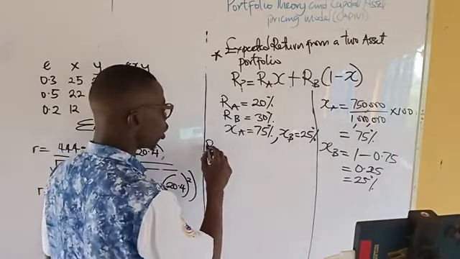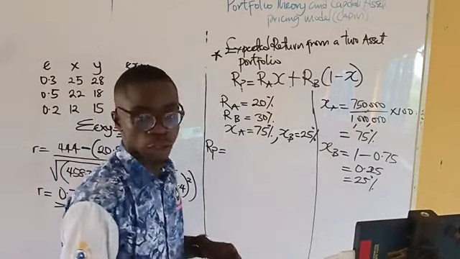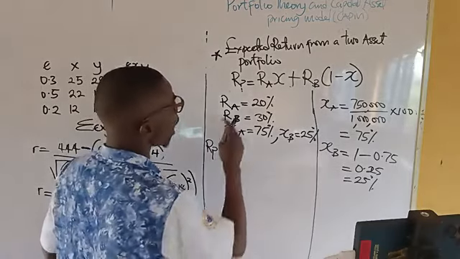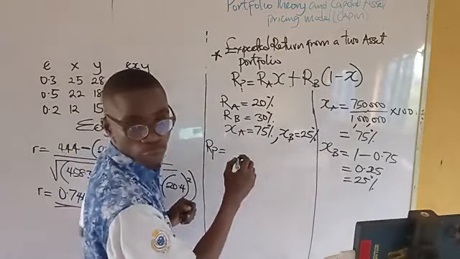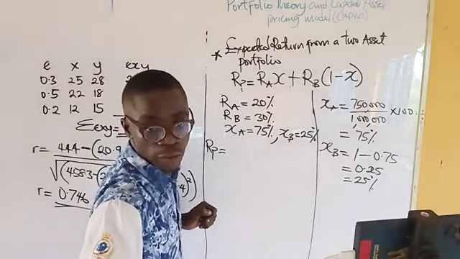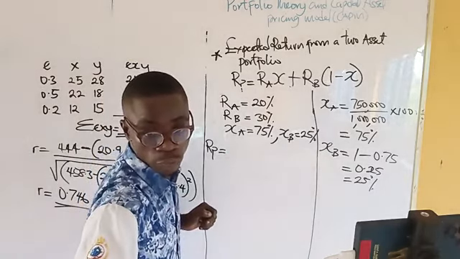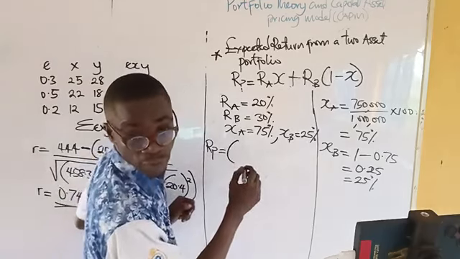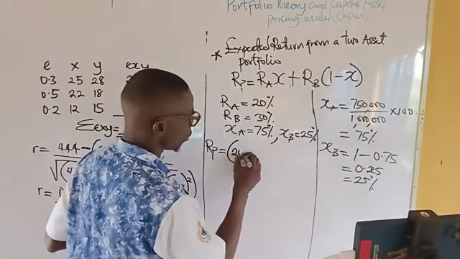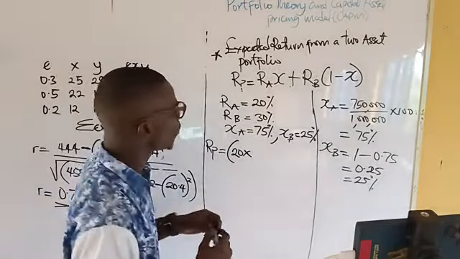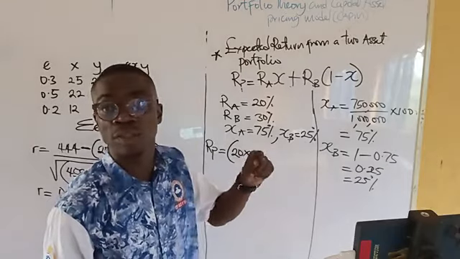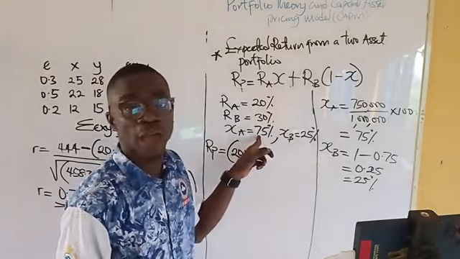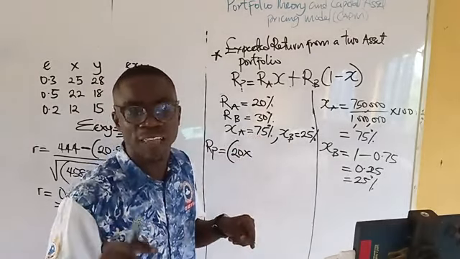So our return on portfolio now, since we have gotten the required values, it will be the expected return of A, which is 0.2, that is 20%, times the proportion of investment in A, which is 75%. But that 75% will be 0.75.